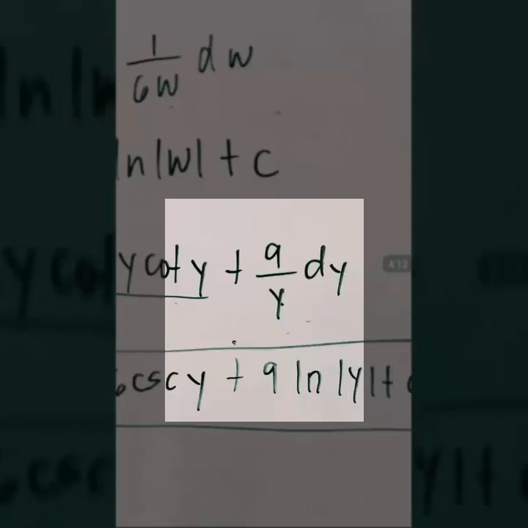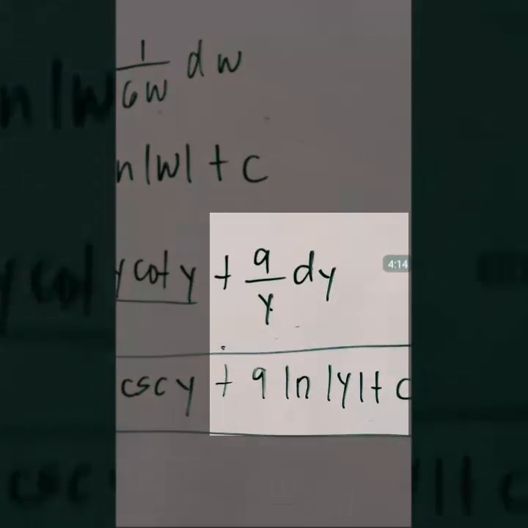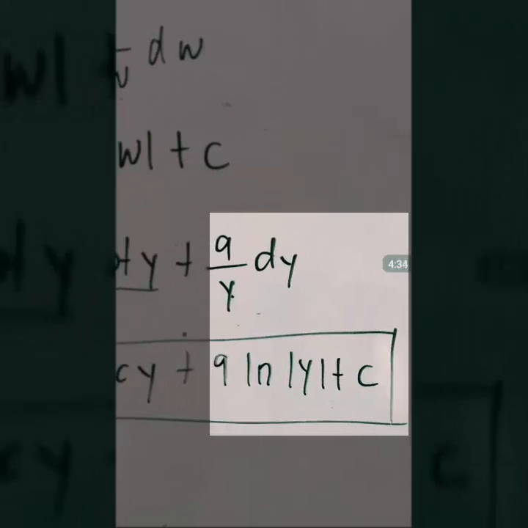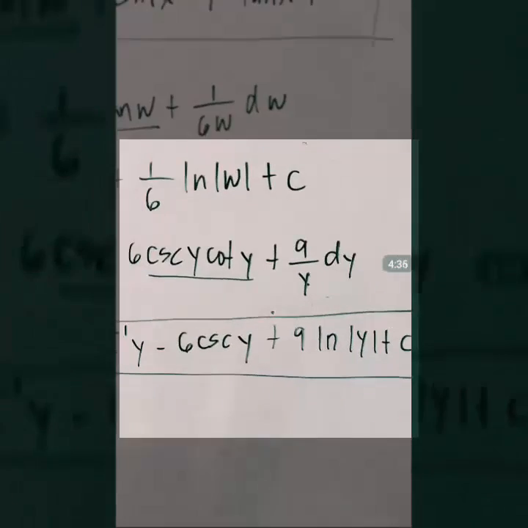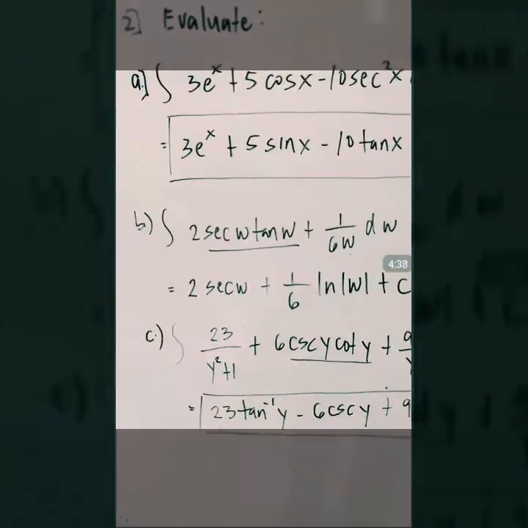For the last term, integral ng 9 over y dy, 9 multiplied by 1 over y dy, the integral niyan is 9 times ln of the absolute value of y, plus c. Madali lang, di ba? Yun yung ating mga basic example natin.